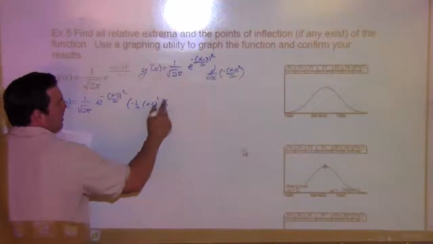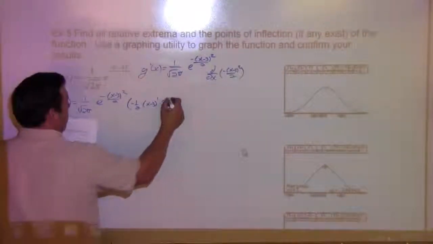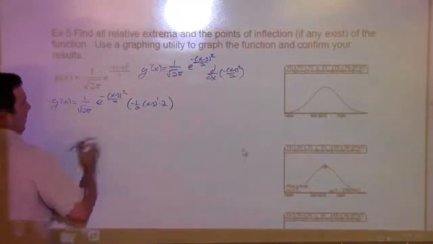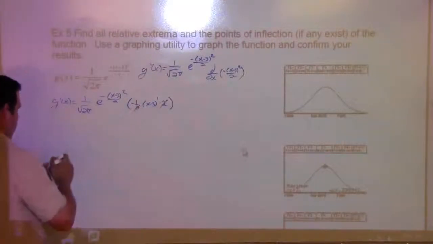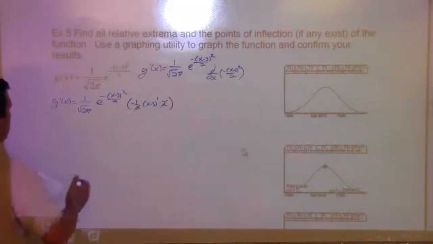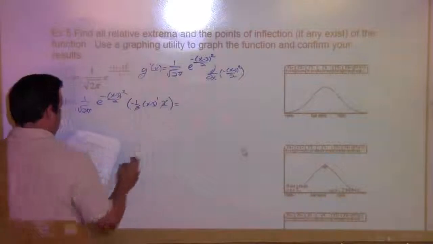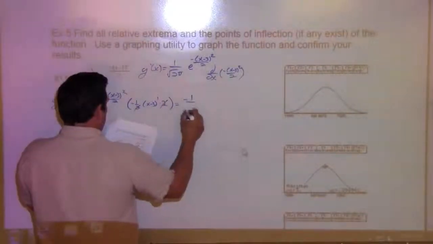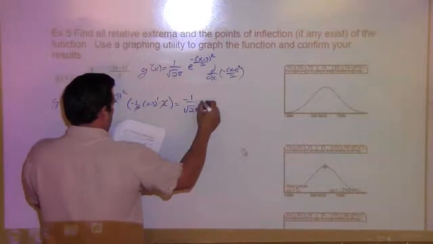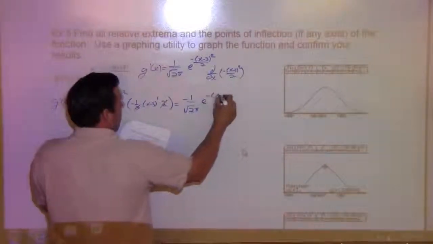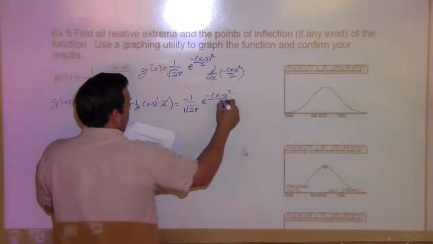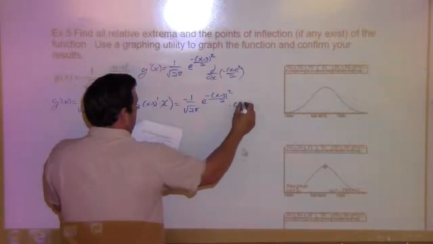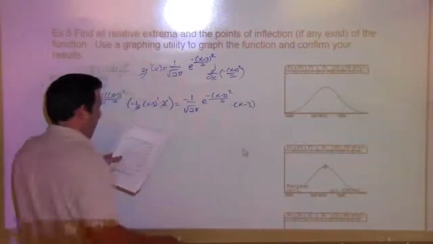The derivative of what's inside is just 1, so we don't have to worry about that. But this 2 divides out with that 2. And we end up with negative 1 over the square root of 2 pi times e to the negative of x minus 3 squared over 2 times x minus 3.